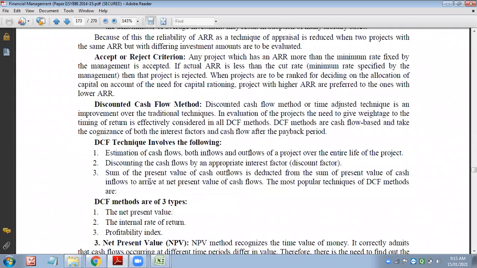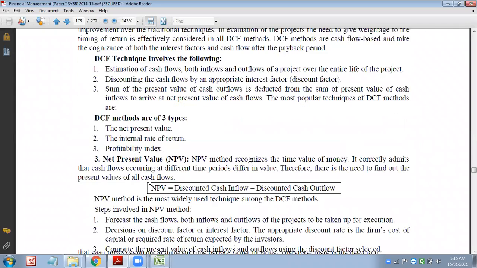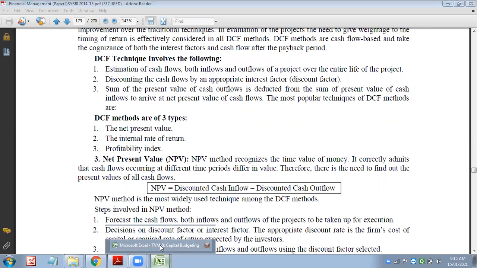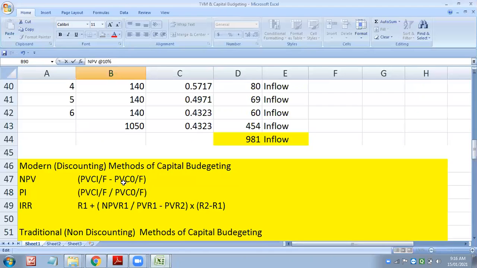Likewise questions. So NPV, as I told you, is discounted cash inflow minus discounted cash outflow. Just now we were talking about inflow minus outflow. Discounted means again present value. The students who attended yesterday's two sessions will be in a position to understand what I am explaining regarding the discounted part.